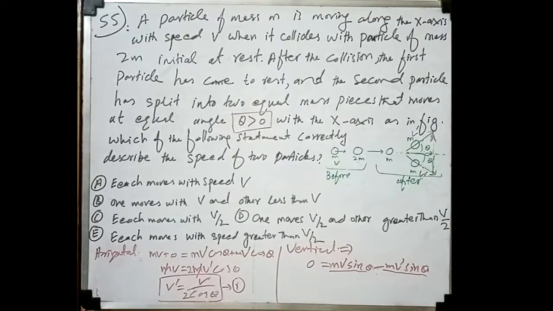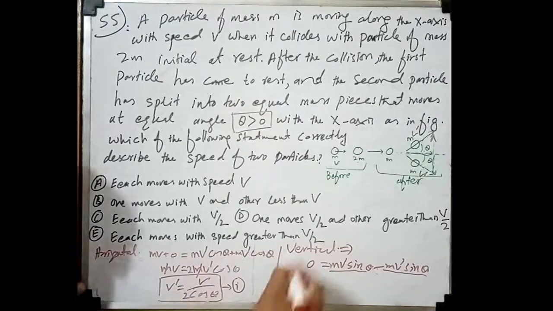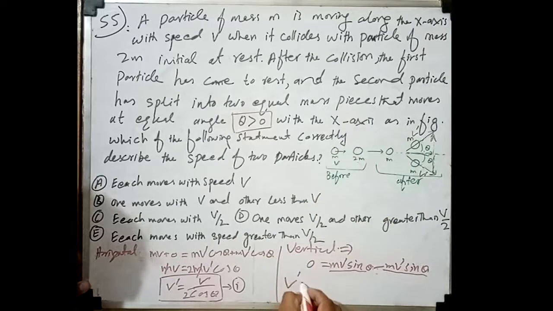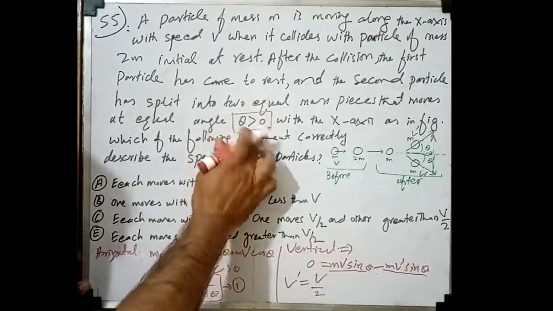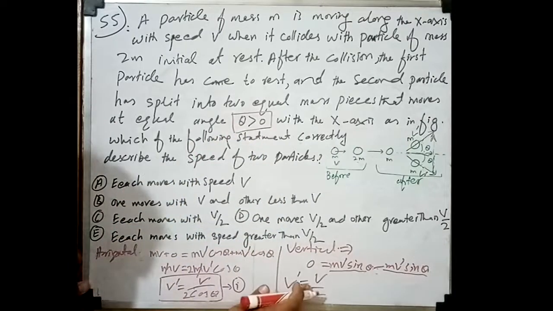But we have that theta is greater than 0, so as theta increases, cos theta decreases and v prime increases. So the minimum speed of the split pieces will be v over 2, but since theta is greater than 0, this can never be equal; it will always be greater than.